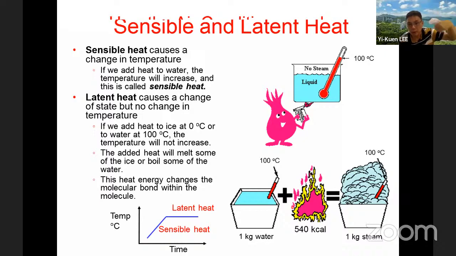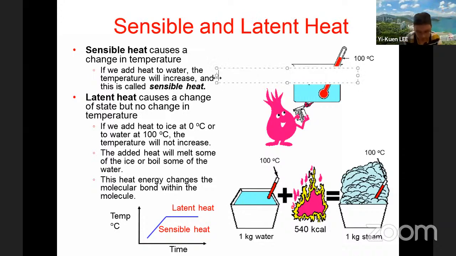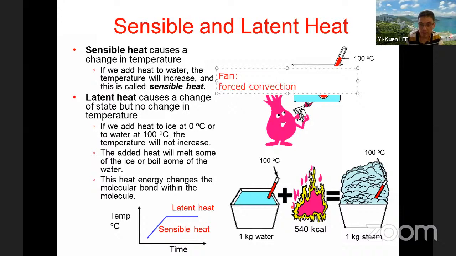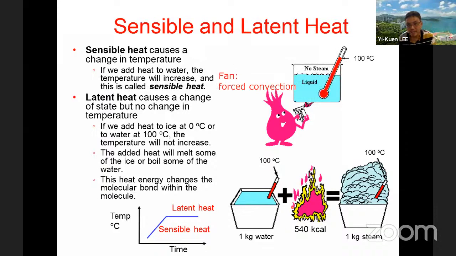The fan provides what is called forced convection, as we mentioned in the previous lecture, but in some cases it's not enough. The amount of heat flow through an electric fan is not enough. So in this case, we may want a more effective way to do this heat transfer.